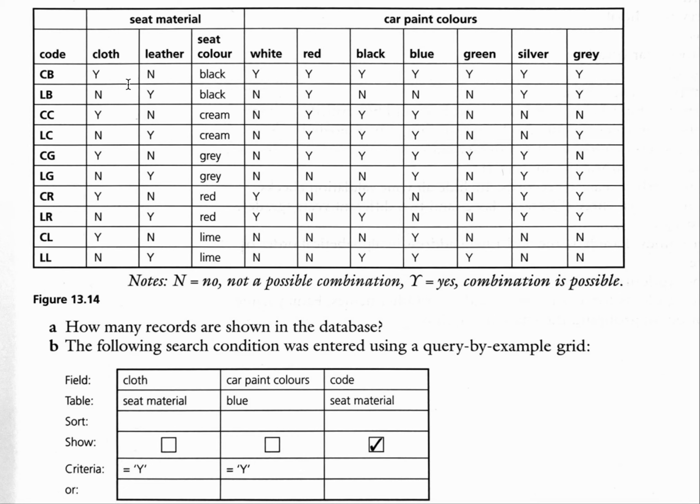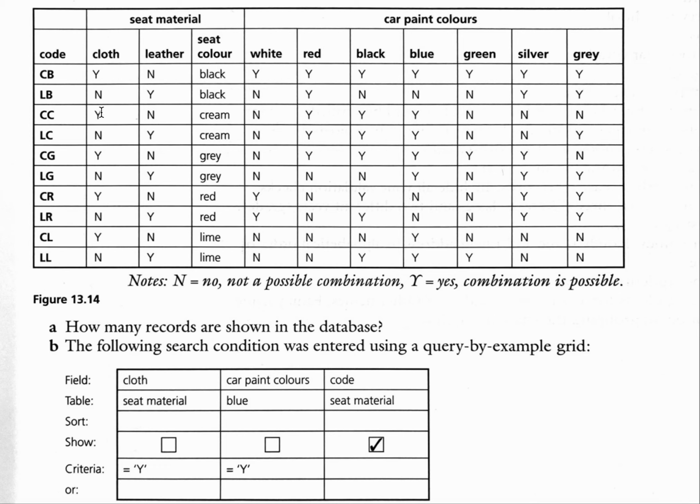The search results might show CB, CC, CG, CR, or CL, because those are all the cloth type of cars. But the paint color, they want blue. That's one factor, so let's look at the blue column. CB is both cloth and blue, so that one would work.